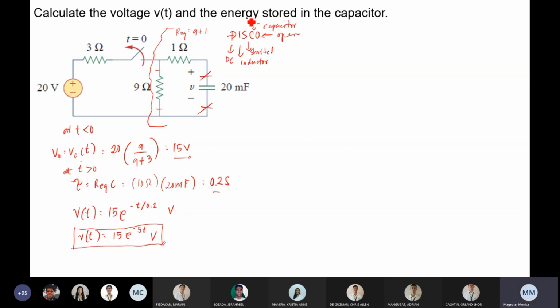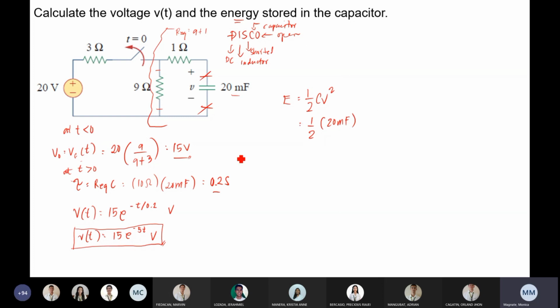Tapos isa pang hinahanap is yung energy. So ano nga ang formula for energy ng capacitor? W equals 1/2 CV squared. Okay. So 1/2, tapos yung C natin is equal sa 20 millifarad.